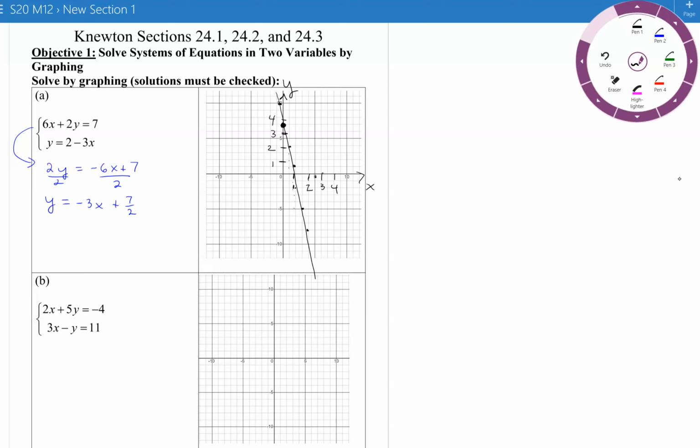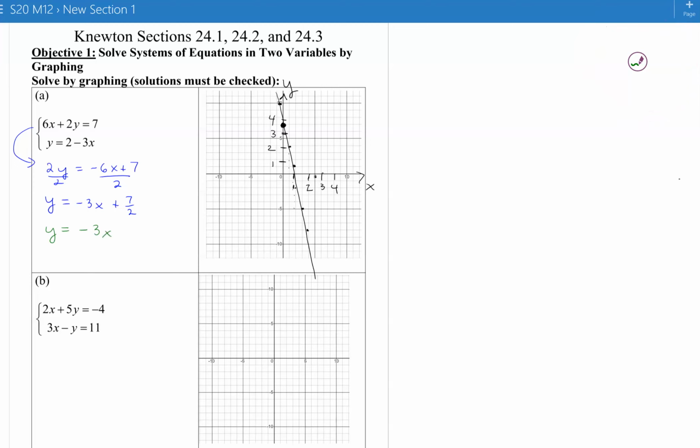And then my second one is already almost in slope-intercept form, -3x plus 2. So we would start at 2 and go down 3/1, down 3/1, down 3/1. And these lines are just about on top of each other.